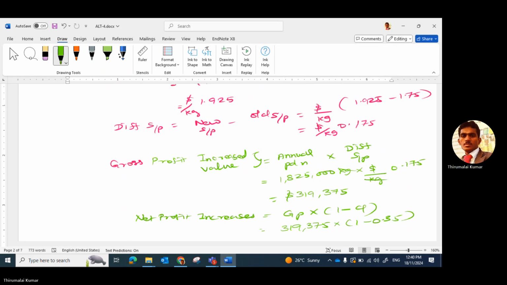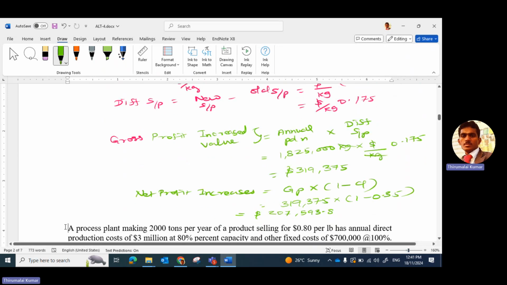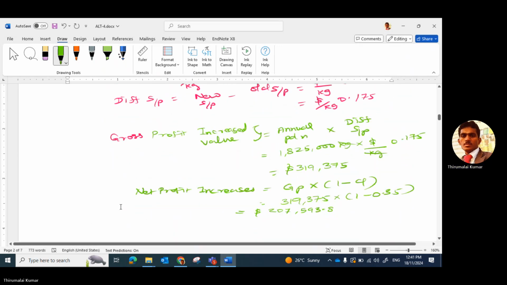So finally, 319,375 multiplied by 0.65. The net profit value given by the problem is, how much? 207,593.8.